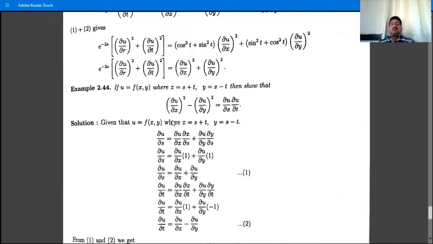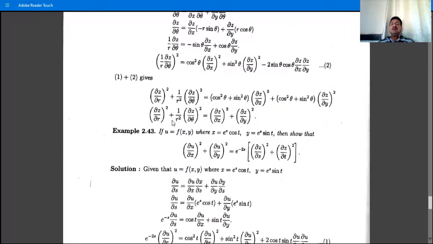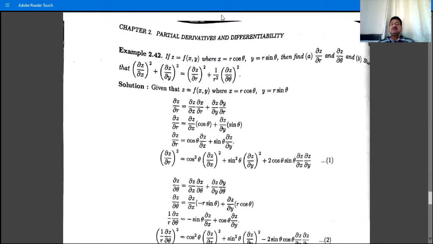So write all these solved problems in your notebook. Already an exercise on this topic is given to you, so solve all the exercise problems. So we will stop here, and in the next lecture we will see Euler's theorem, corollaries on Euler's theorem, and problems on Euler's theorem.